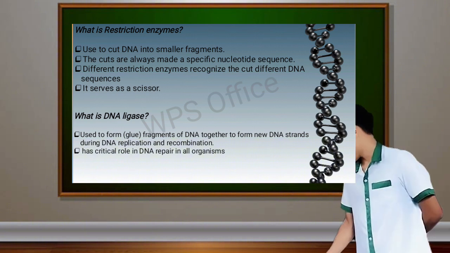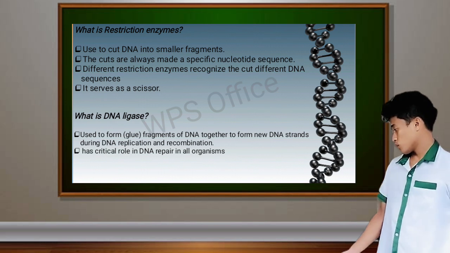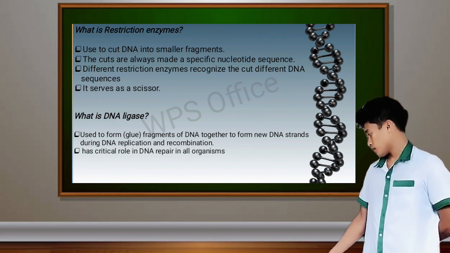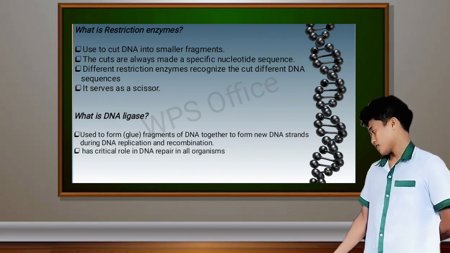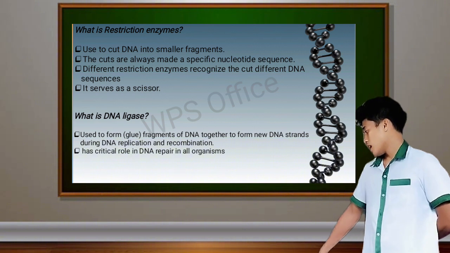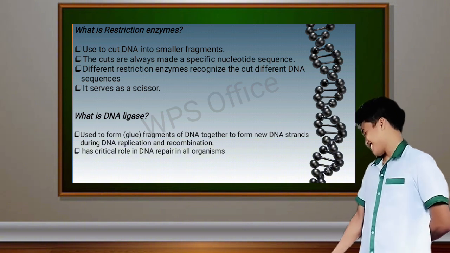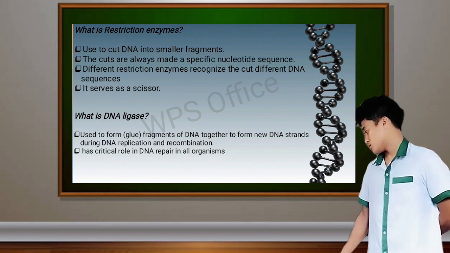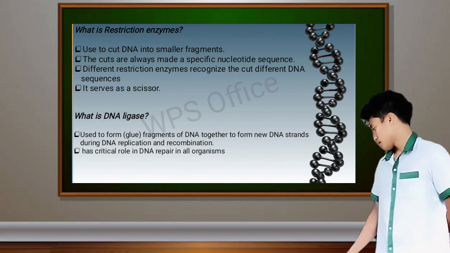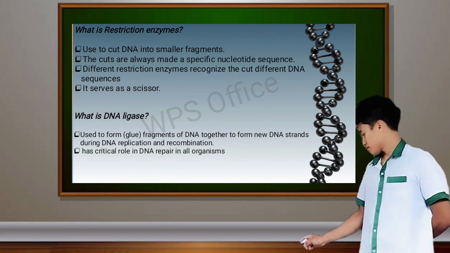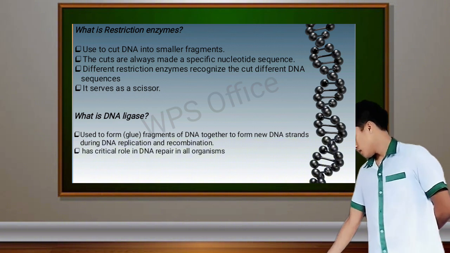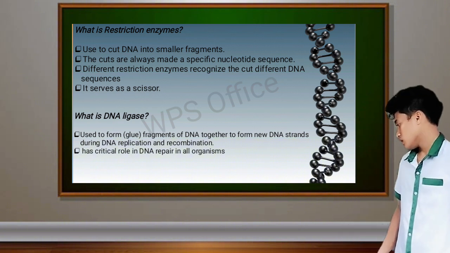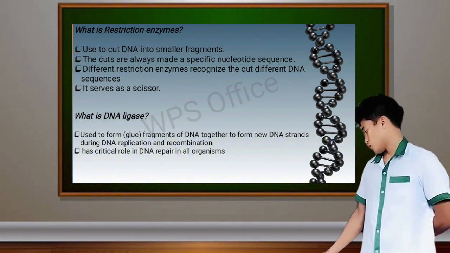DNA ligase is used as glue to join fragments of DNA together to form new DNA strands during DNA replication and recombination. It has a critical role in DNA repair in all organisms.